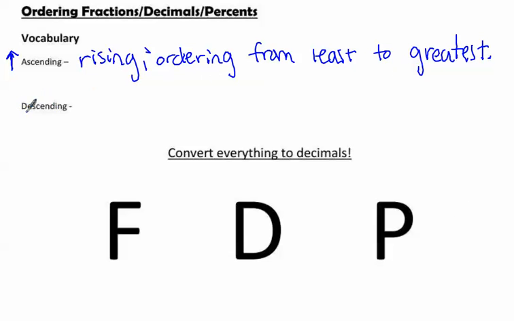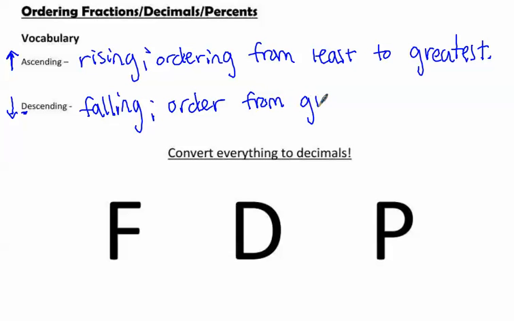Where descending, or going down, you're going to fall or order from greatest to least.